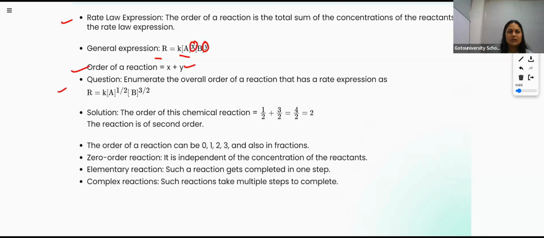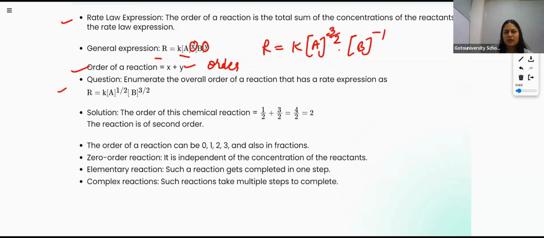Okay, let's do an example. Say one reaction rate is given. Let's take another example before solving this. It's 3 by 2, and for B the coefficient is given as -1. How are we going to calculate order of reaction for them? By simply adding these two.